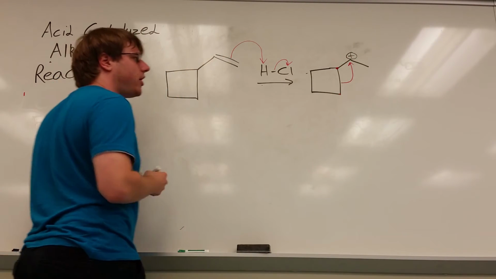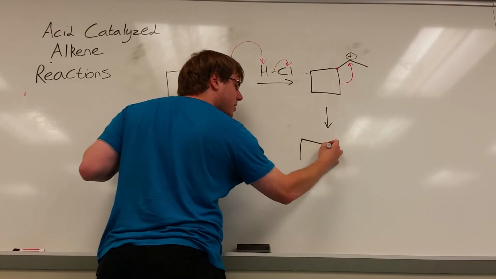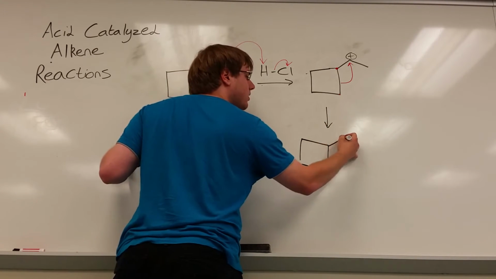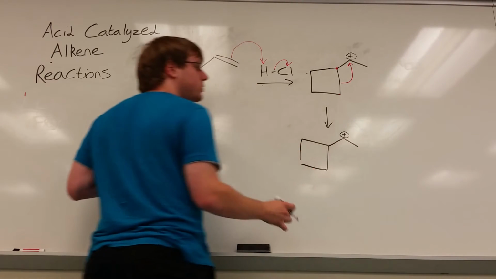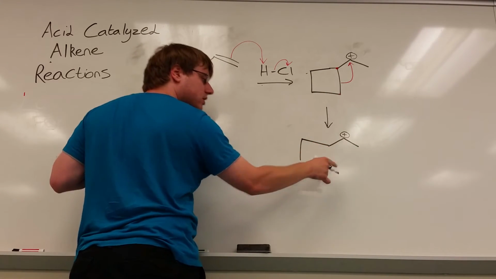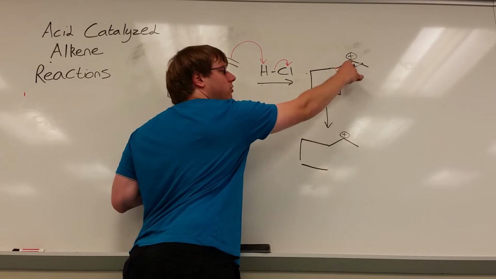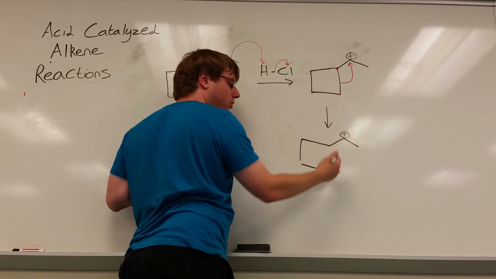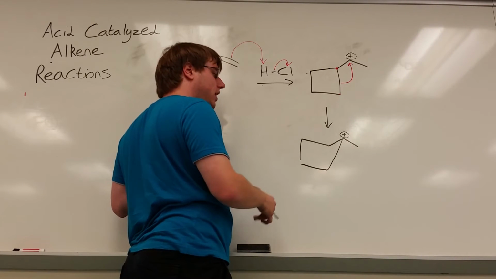Now how do we draw the product of that shift? What you're going to do is draw everything exactly the same on the other side of the arrow. In pencil preferably, because then you can erase things more easily. So we said this is the bond that is shifting, which means that is the bond that will get erased in our product. The carbon that isn't already connected to that carbocation will now be connected to the carbon that was with the carbocation.